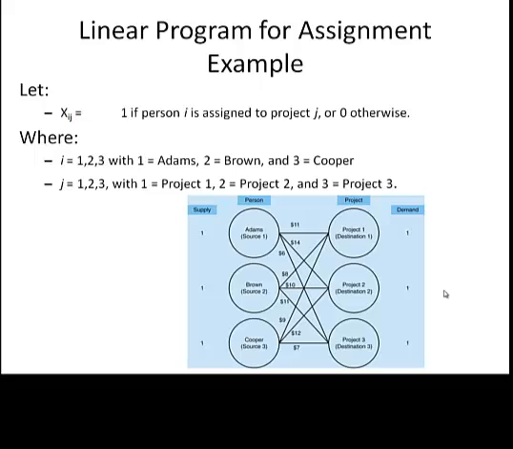So, what does it look like? Well, back again, we're going to let our i's equal the person and our j's equal the project, and we're going to minimize the cost subject to the supply of Adams, Brown, and Cooper, and the demand of projects 1, 2, and 3.